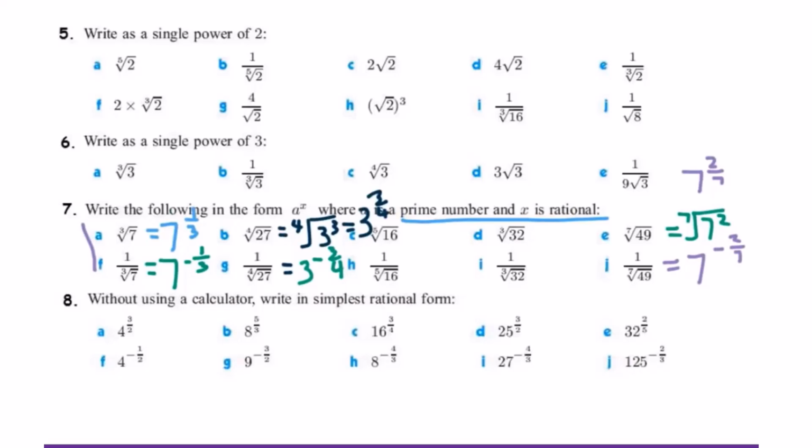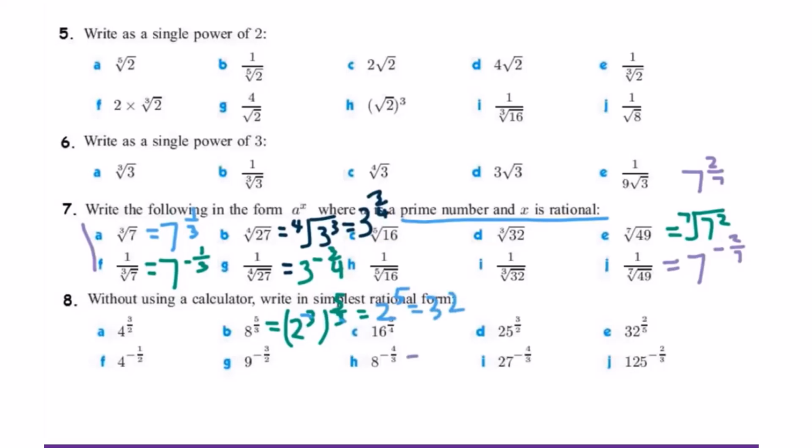For number 8, without using a calculator, write in the simplest rational form. So for the a, I know 8 is 2 to the 3rd power. Then you multiply by 5 over 3rd. That will reduce the 3. You got the 2 to the 5th power, means 32.